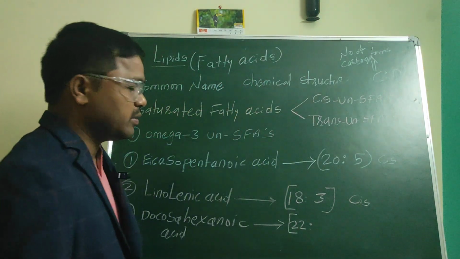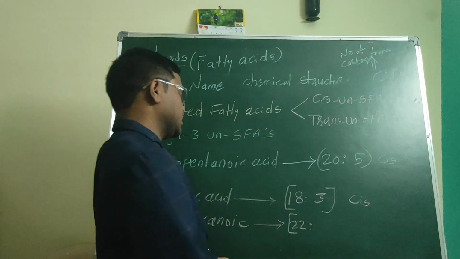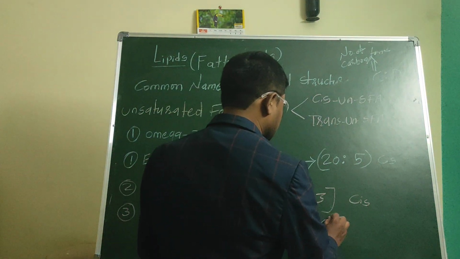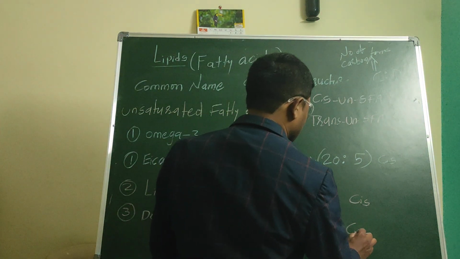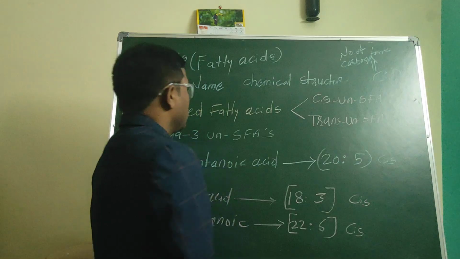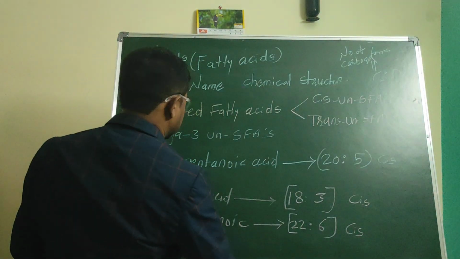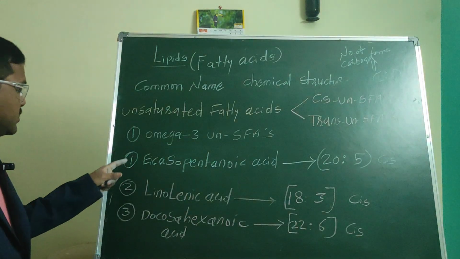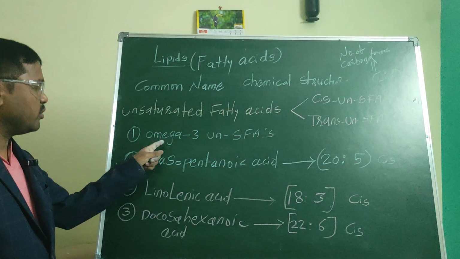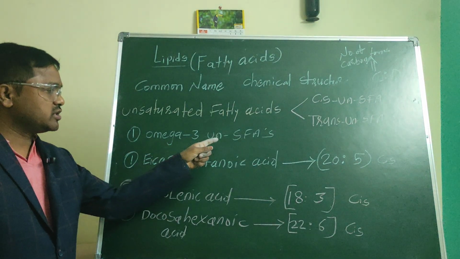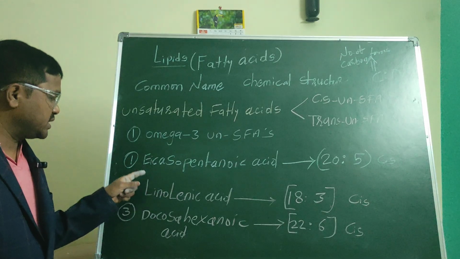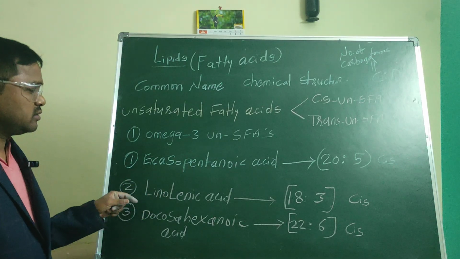The number of double bonds in docosahexaenoic acid is 6, and this is also a cis unsaturated fatty acid. These three are important omega-3 unsaturated fatty acids present in nature.